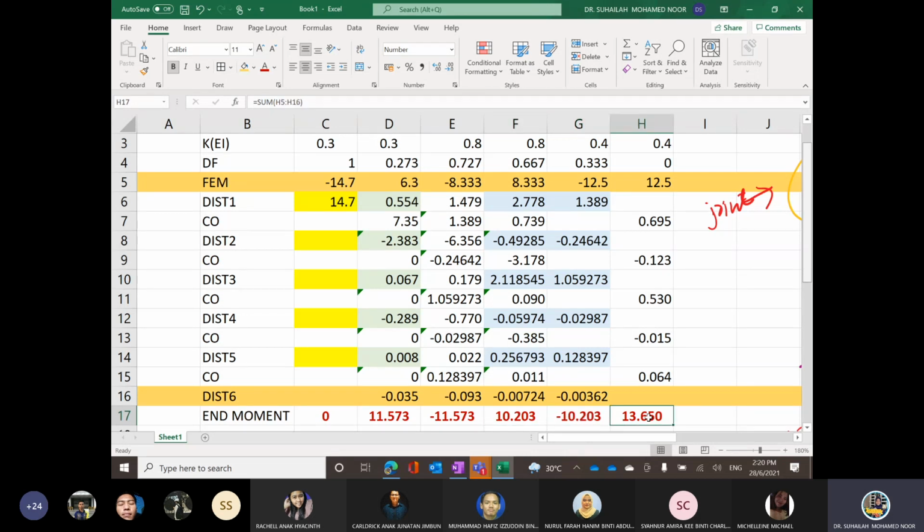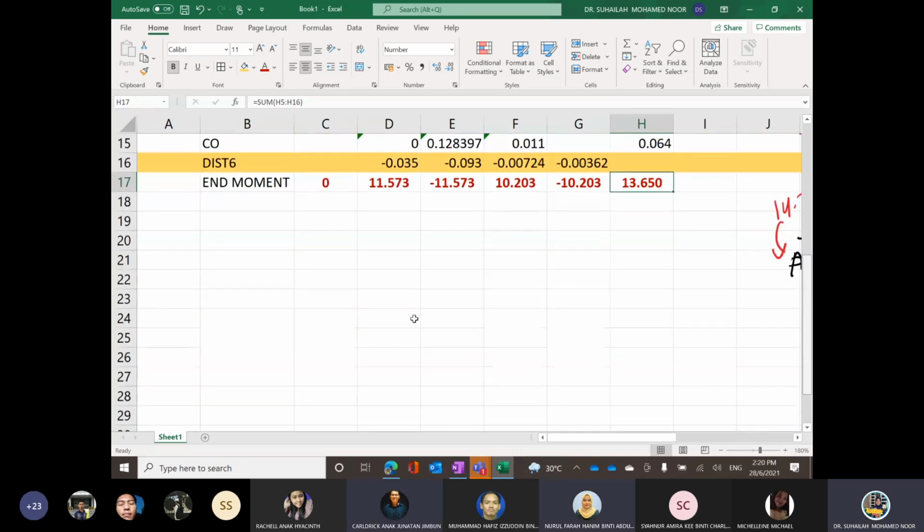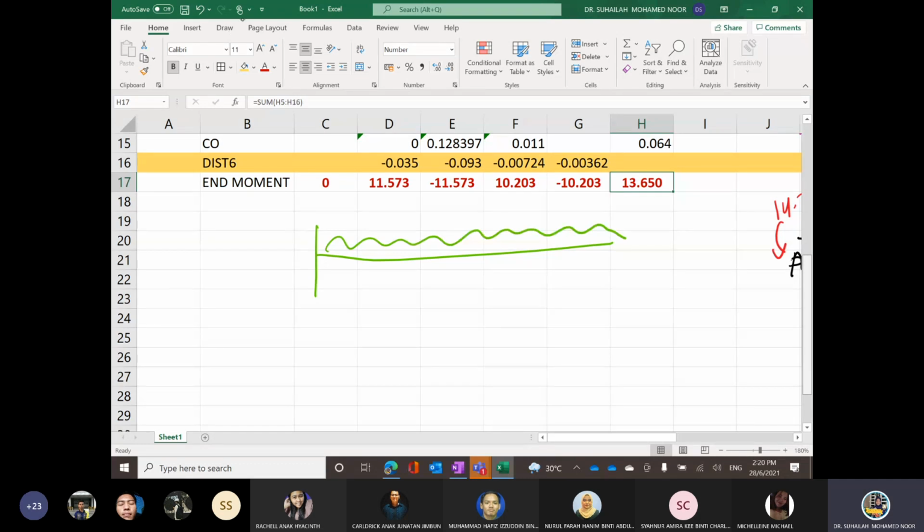So for end fixed, logically is there moment or no moment? There is moment, cantilever beam, remember? This is fixed.